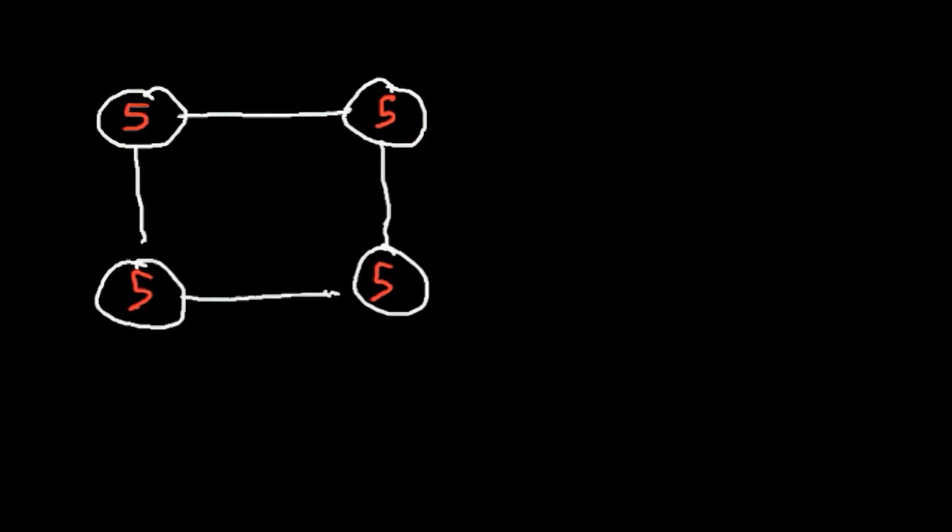Let's try another problem. Let's say you have 4 point masses and they're all equal. Let's say they all have a mass of 5 kilograms, and they form a rectangle. They're connected by very light rods. And let's say the distance between the two 5 kilogram objects at the top is 6 meters instead of 4.